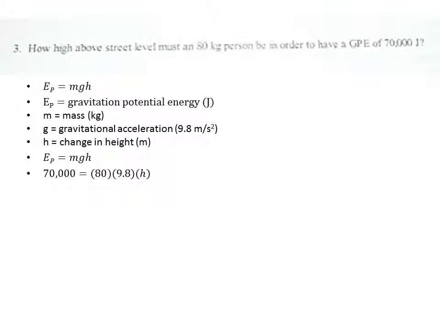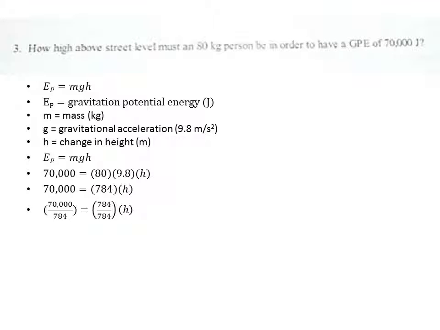So now we just substitute. 70,000 is equal to 80, which is the mass, 80 kilograms. Our constant for gravitational acceleration is 9.8, so we substitute that. So now we just solve for h. 80 times 9.8 is equal to 784. So 70,000 is equal to 784 times h.